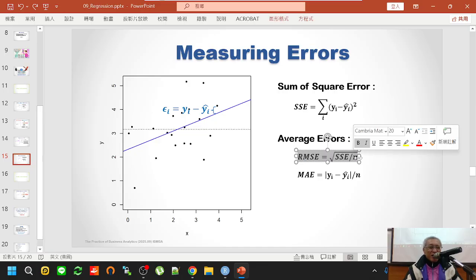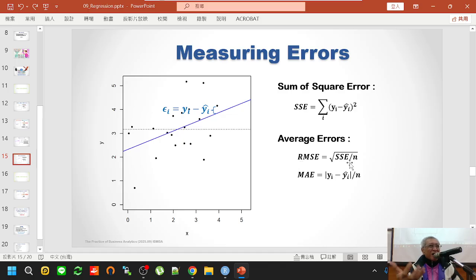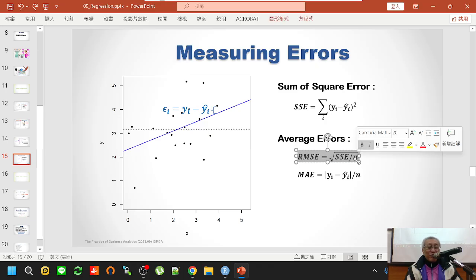In statistics, sometimes you will prefer to use this one, but we do not have time to explain why they do it this way. Basically, it will be easier when you want to do further statistical inference, then you will use this one.